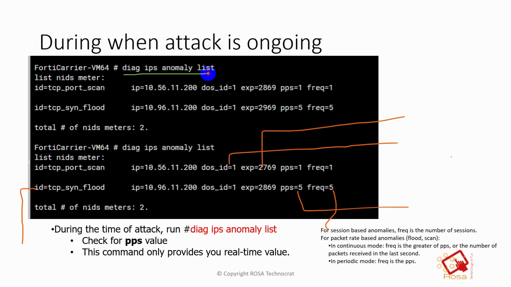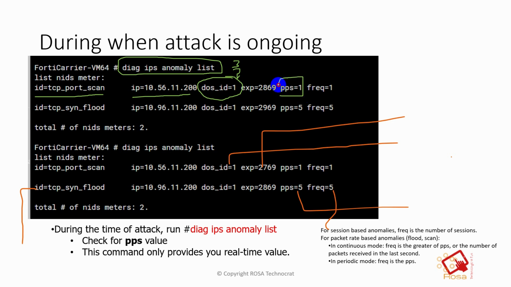If you run the command diag IPS anomaly list, it shows the type of scan or anomaly that matched, what the IP was, and which DOS policy the traffic matched. DOS ID 1 means it matched your single policy; if you have multiple, it may show 1, 2, 3 depending on which policy it is matching.